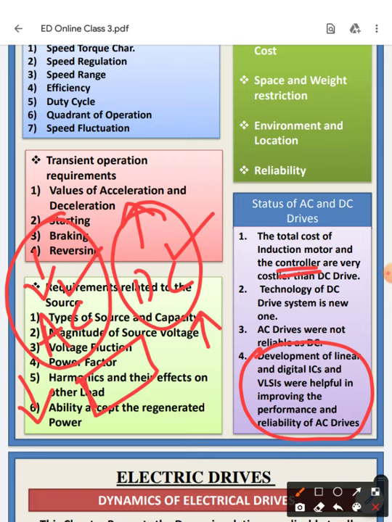So nowadays, as VLSI devices and power semiconductor devices are developed, we can easily go for these AC machines, because the advantage of an AC machine is that it has less maintenance and is more robust as compared to DC machines.